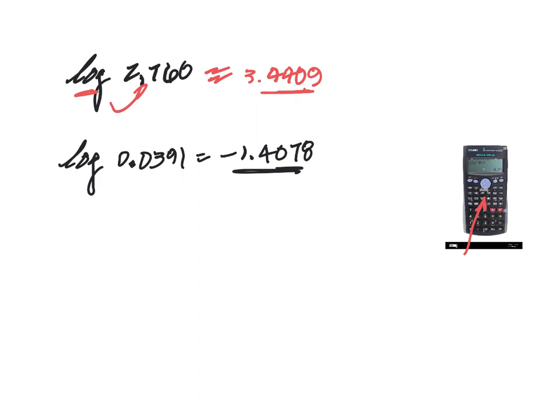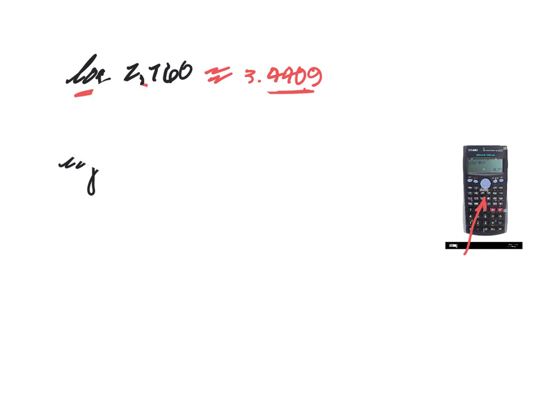If you're not, try it in a different order and see if it actually will give you that number. It should. Okay, so let me erase all of this stuff, and let me put back up here the log of 100. That is actually the log with a base 10 of 100.